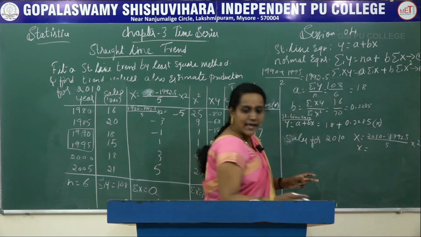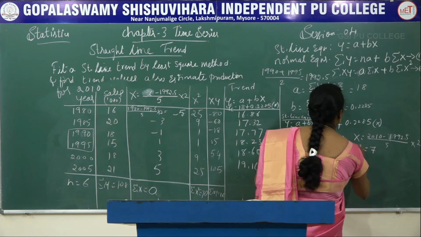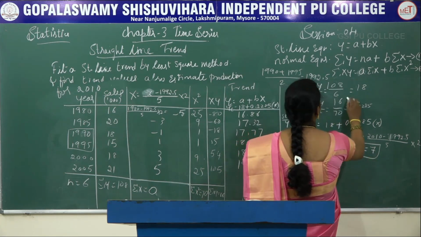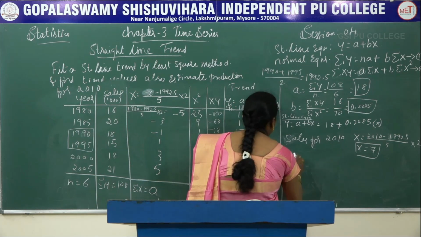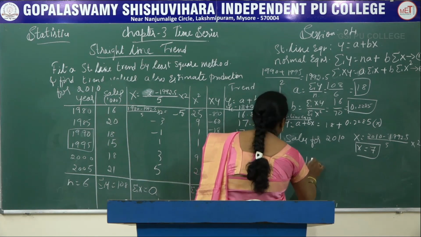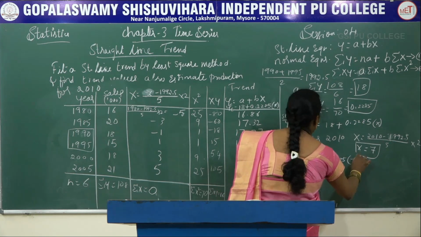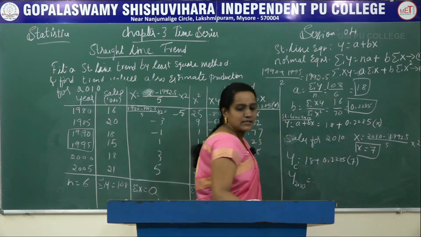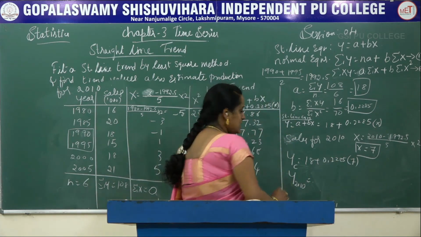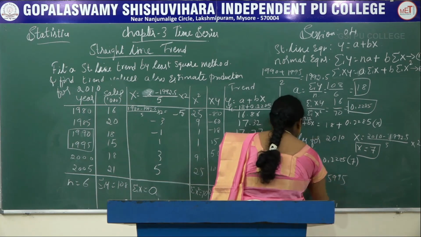So you will get the X value as 7. X equals 7, and Y calculated is 18 plus 0.2285 into 7. So the calculated production for 2010 is 19.5995.